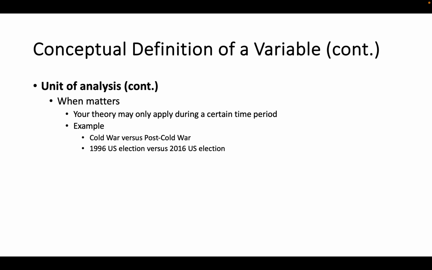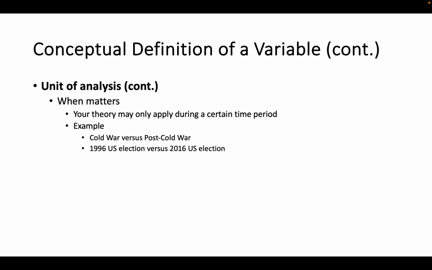So that is a very specific era in world history. Our theories to try to explain the lack of international war during the Cold War may not work in a post-Cold War world, because we don't have that feature of the Cold War, the rivalry between the Soviet Union and the United States and their respective allies.